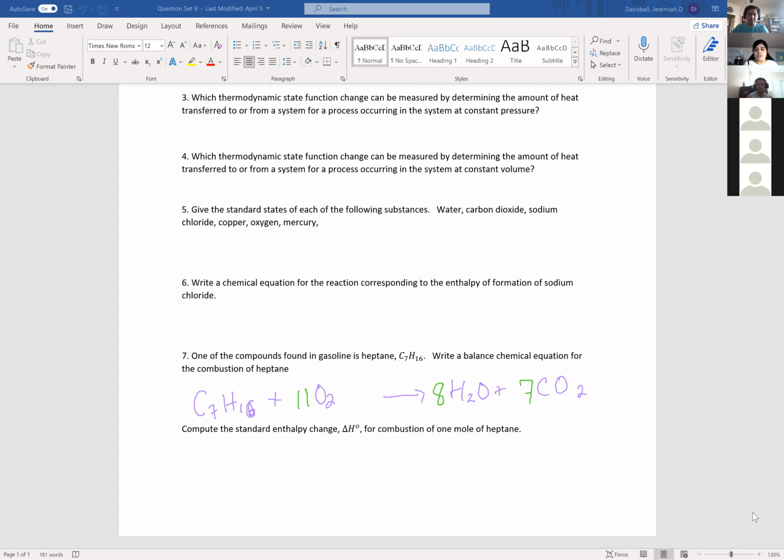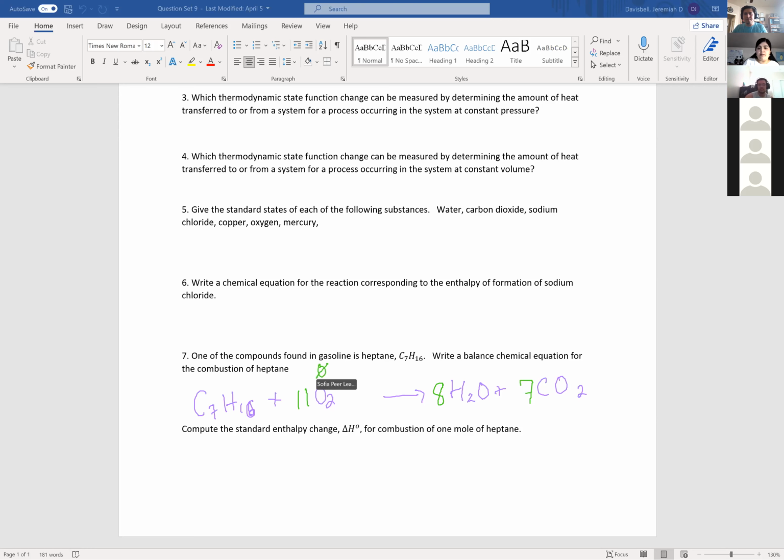So I think for this one, Dr. Alexander told you guys to look up those heats of formation, right? But one of these we don't even have to look up. Which ones don't we have to look up? Is it the ones that are by themselves? Okay, so which ones would those be? Oxygen, right?